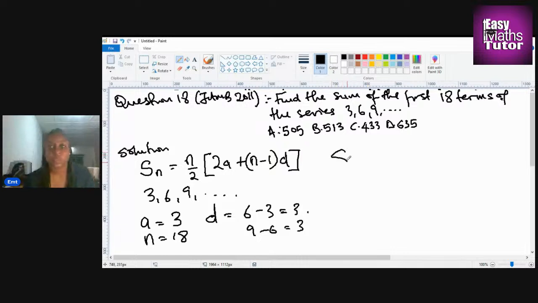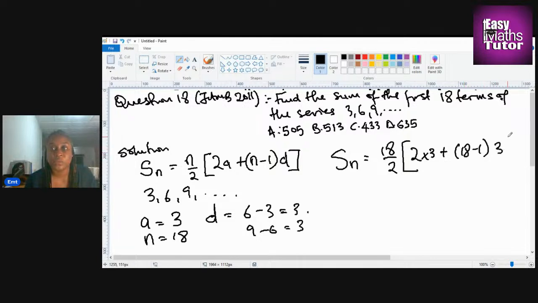So the sum Sn will be equal to 18 over 2 bracket 2 times 3 plus 18 minus 1 times 3. So that will be 9 bracket 2 times 3 is 6 plus 18 minus 1 is 17 times 3.